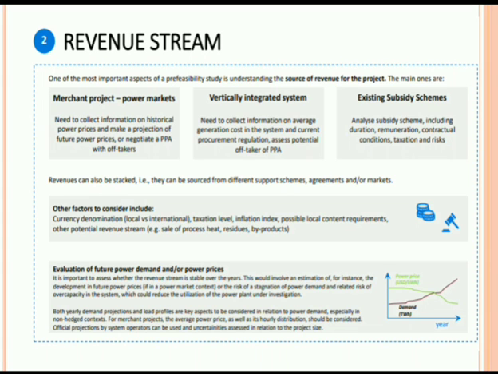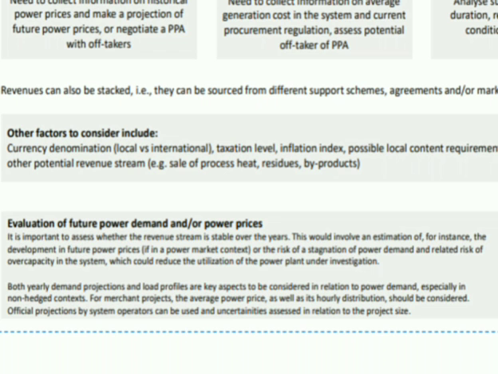In this step, whatever revenue can be sourced from different support schemes, agreements or markets, from these sources we can have the revenue for the project. In the evaluation of future power demand and power prices, we have to check whether the revenue stream is stable over the years. Does it involve the development of future power prices and the related risk of overcapacity in the system?